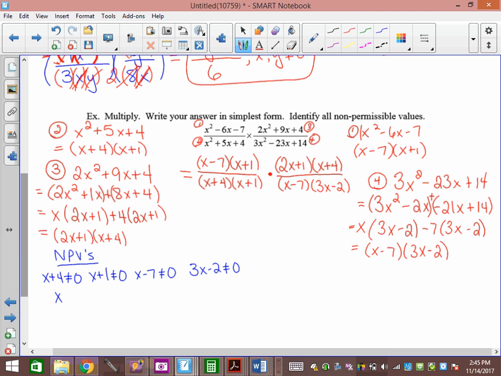So x can't equal negative 4. x can't equal negative 1. x can't equal 7 when you add it over. And 3x can't equal 2. x can't equal 2/3.